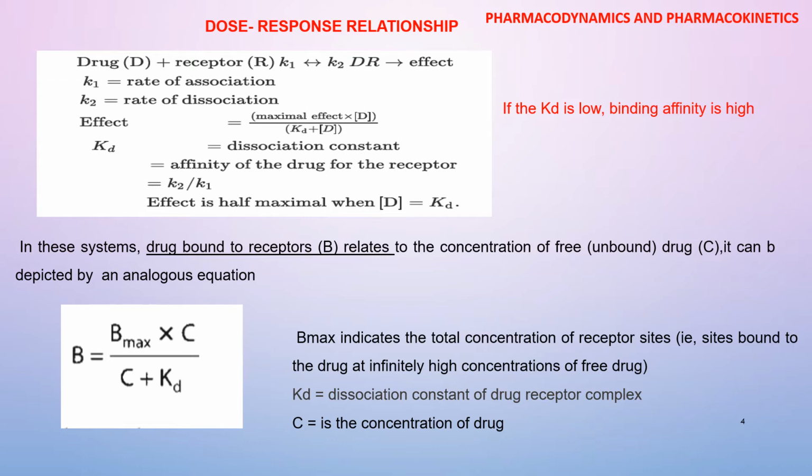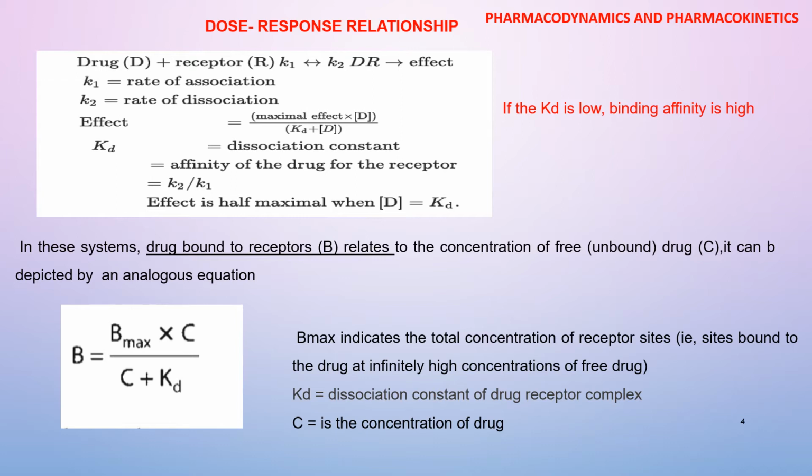In such a case, the effect caused by the drug is given by the formula E is equal to the product of maximum effect and drug concentration D divided by the sum of the Kd value, that is the dissociation constant, and the concentration of drug.